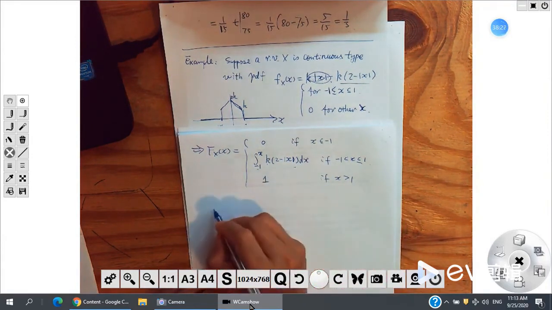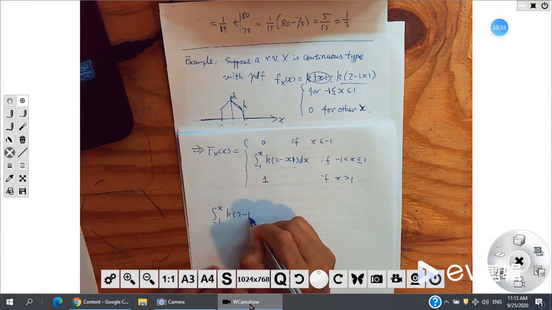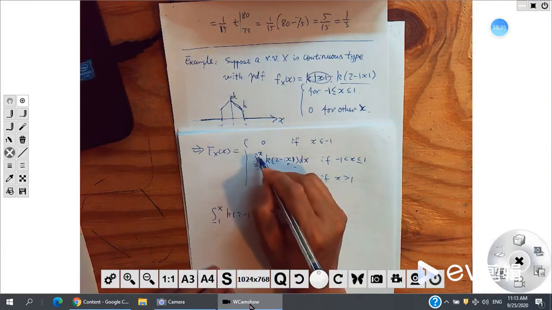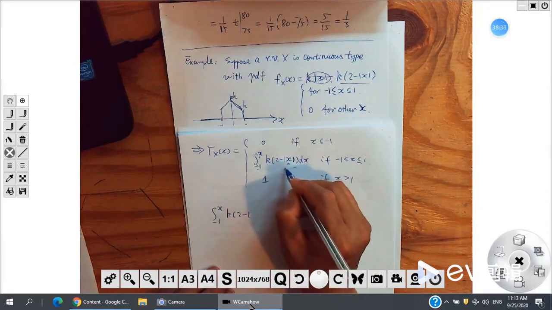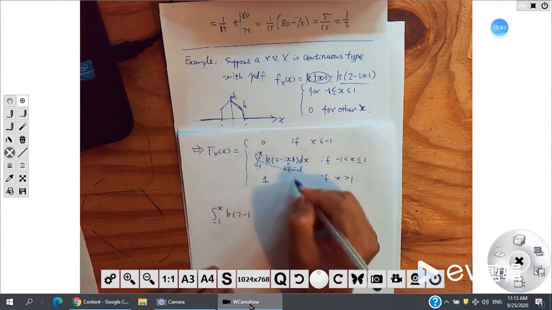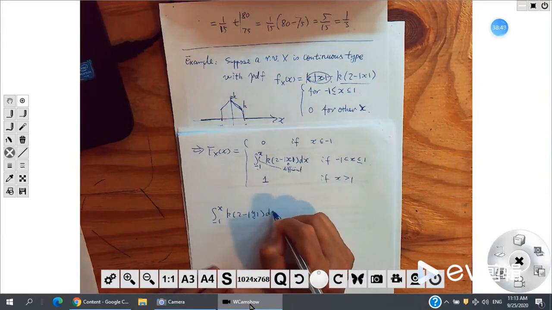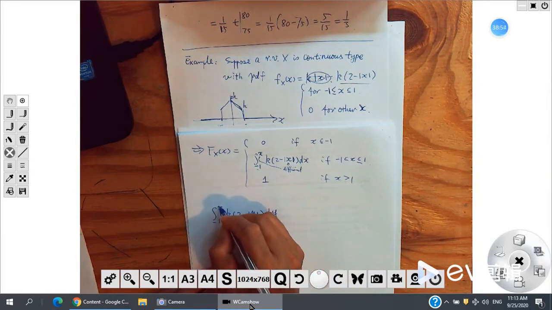What is this one? Negative 1 to x, k times 2 minus... you know, this x and this x are different. I use a y for it. This is the variable used for the integral, and this is the upper limit of the interval, from negative 1 to that x.